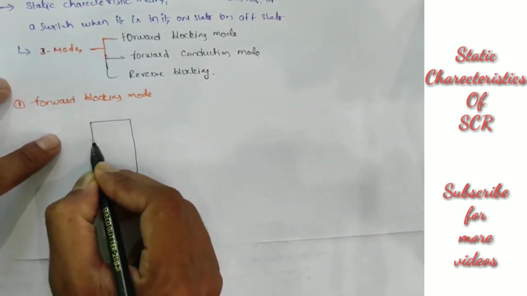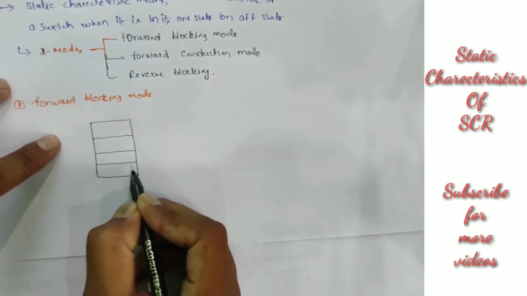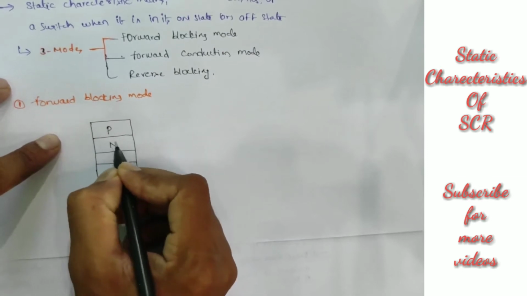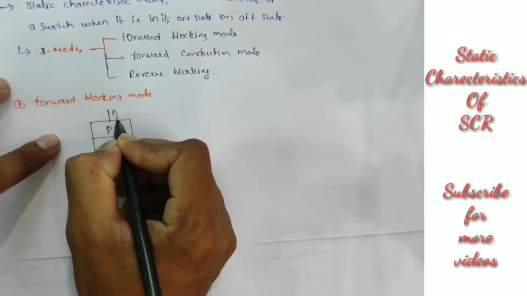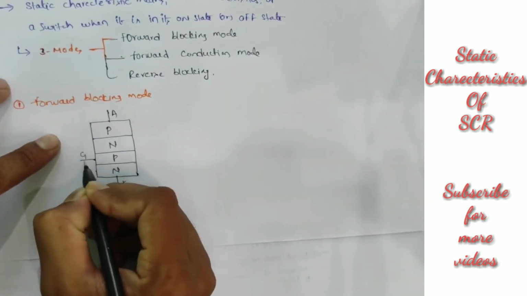This is the structure of SCR, PNPN. Here we have the anode, this is the cathode, and this is the gate.